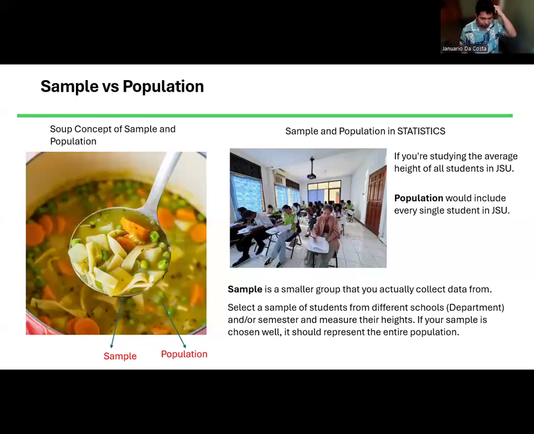E depois foti sample atu representa população. Jadi average height of all students in JSU itine population maka every single student in JSU.